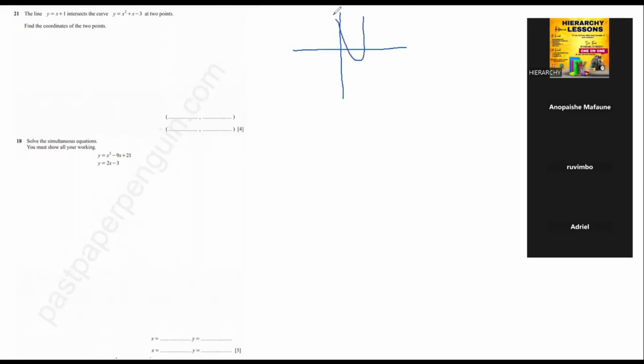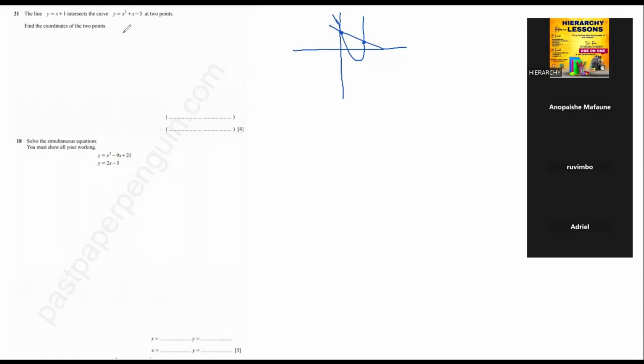And then if we have our straight line, the line y is equal to x plus 1, maybe it's something like this. So we want these 2 points of intersection where they are intersecting. So to find these points of intersection, we solve the 2 equations simultaneously.